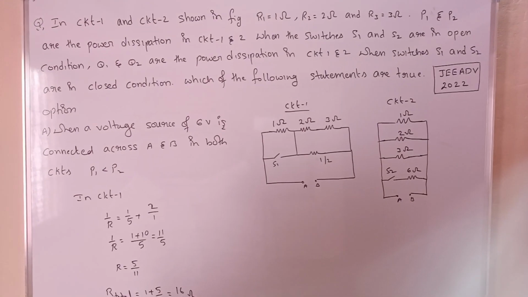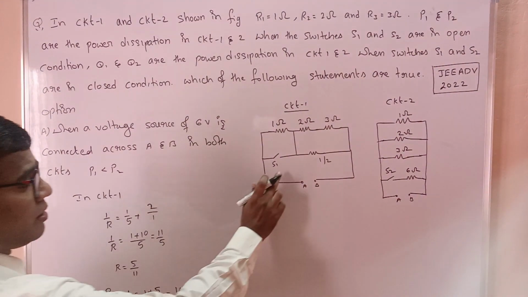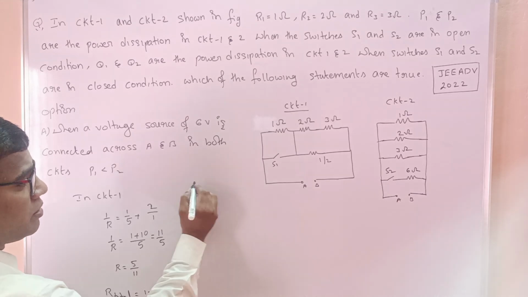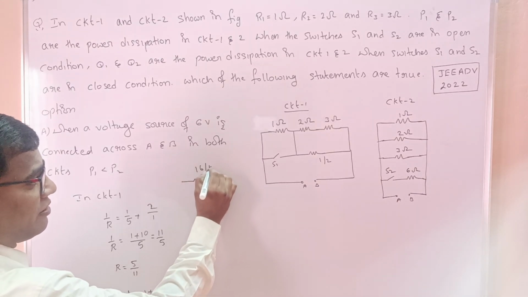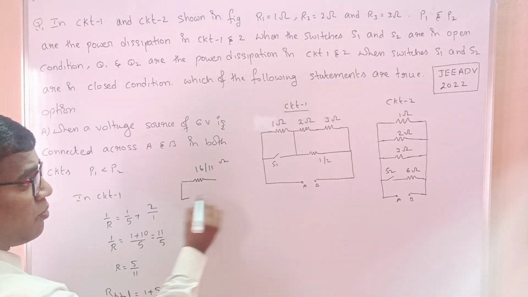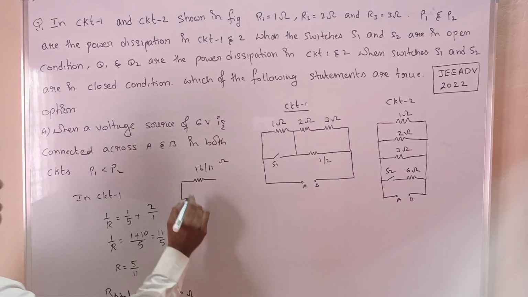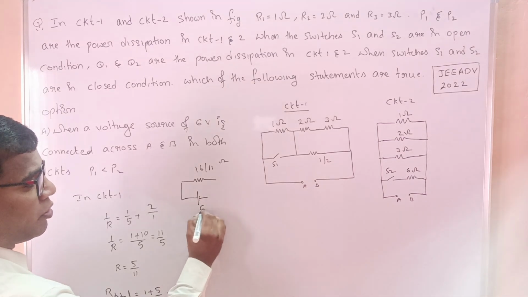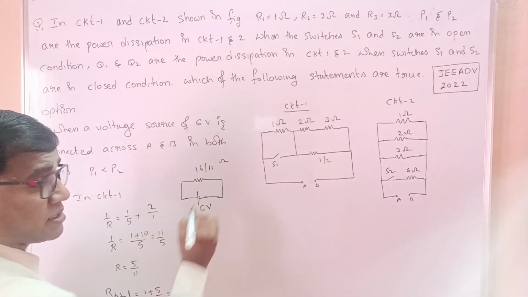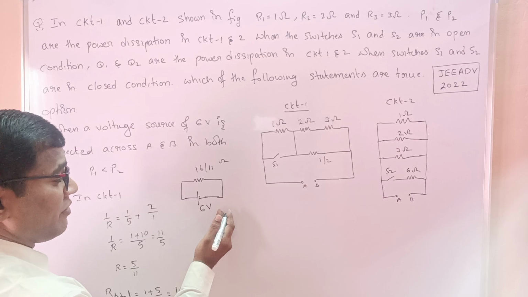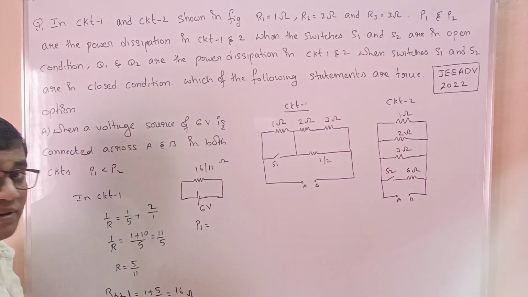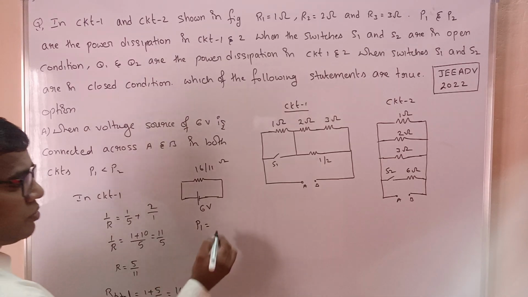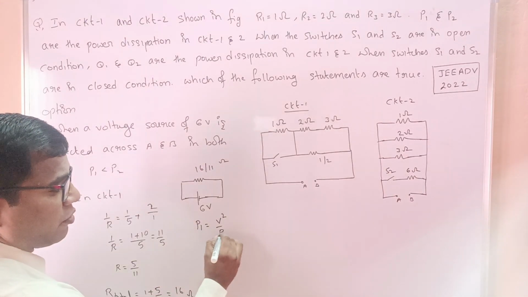Now if you modify the circuit, 16 by 11 ohm is there, and 6 volt potential is applied across this resistance. In order to calculate the power, let the power be P1.